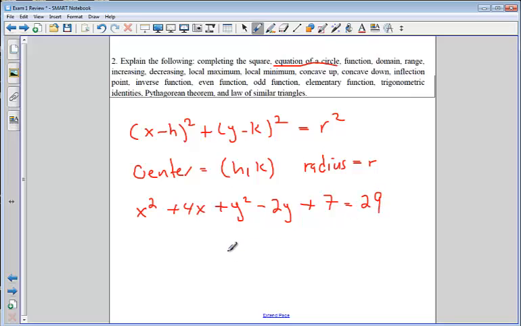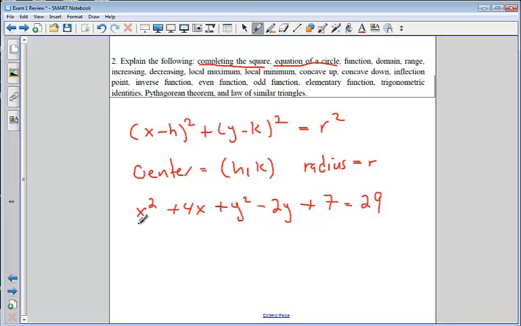Let's see what happens here. Okay, so the idea of completing the square, we'll involve this here too. What I want to do is I want to make this look like x minus something squared plus y minus something squared equal to something else squared.